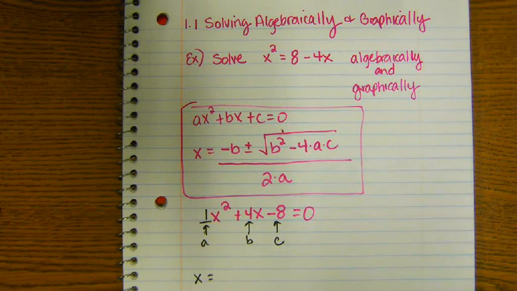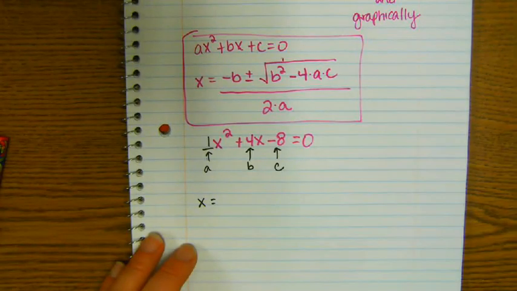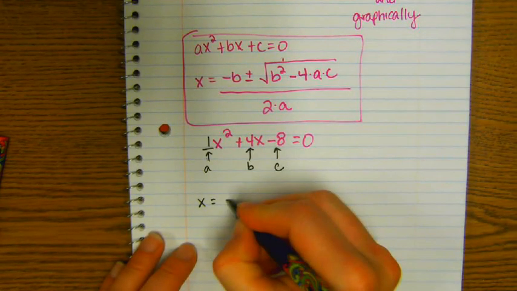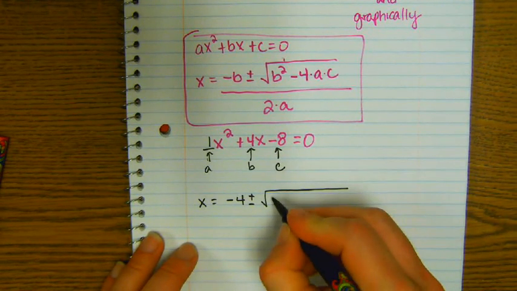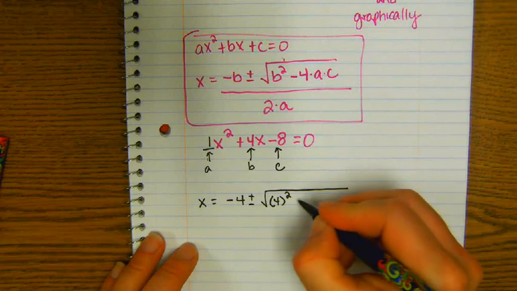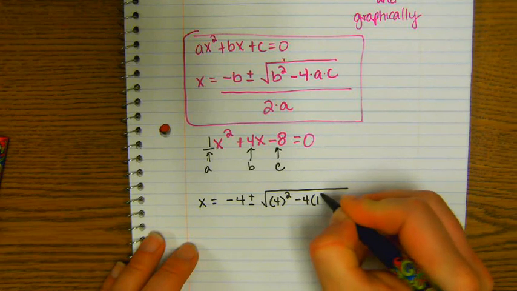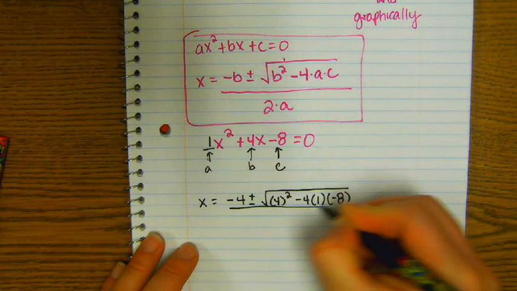So we're going to write x equals negative 4 plus or minus the square root of 4 squared minus 4 times 1 times negative 8, all over 2 times 1.